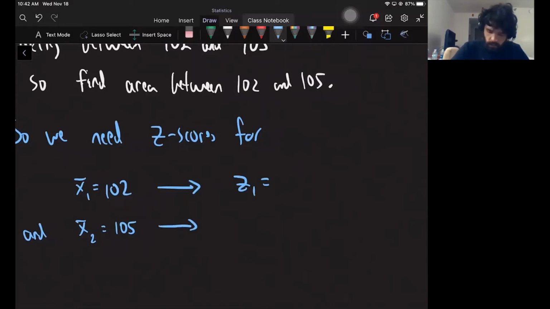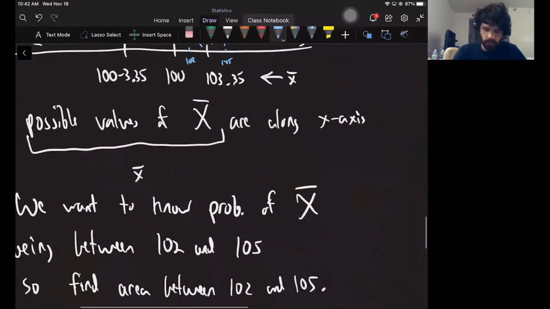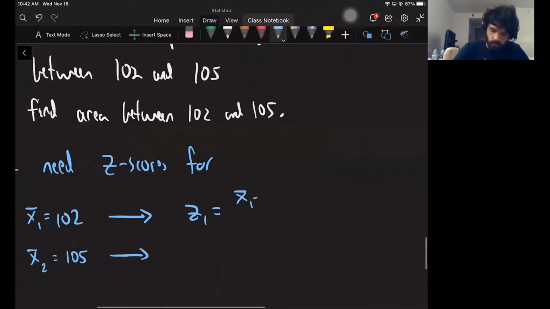So the z-score formula is not going to change. It's just the data point on the distribution, so in this case 102 for the first one, minus the mean of the distribution over the standard deviation of the distribution.